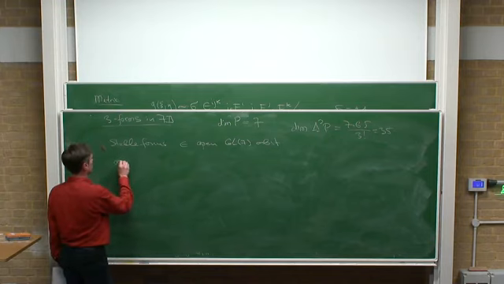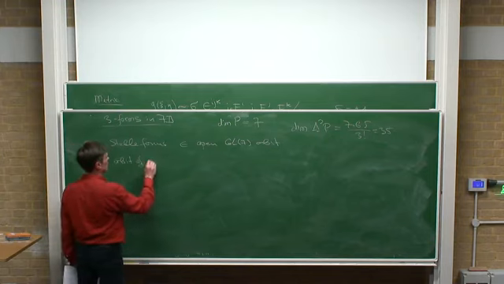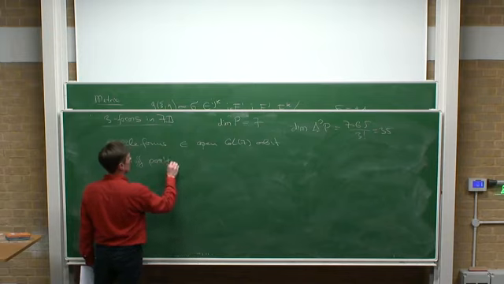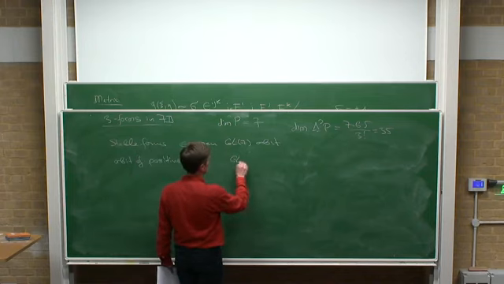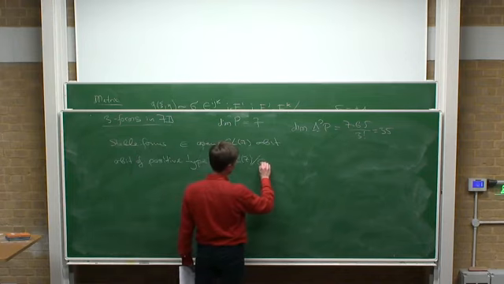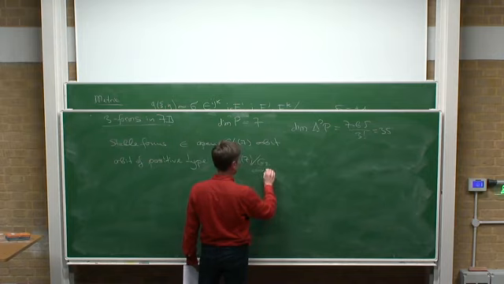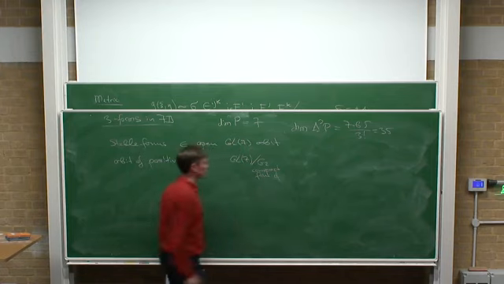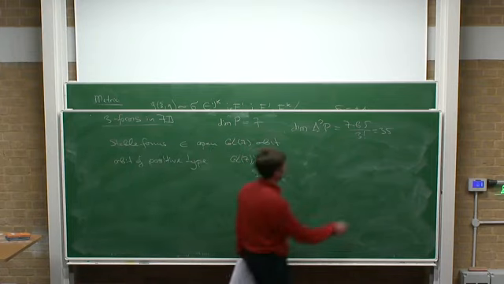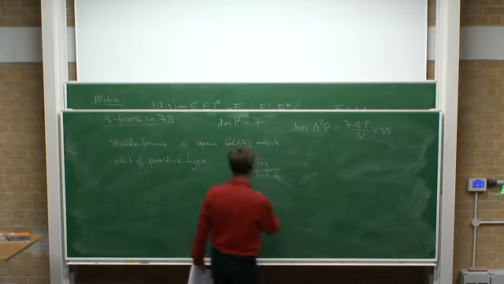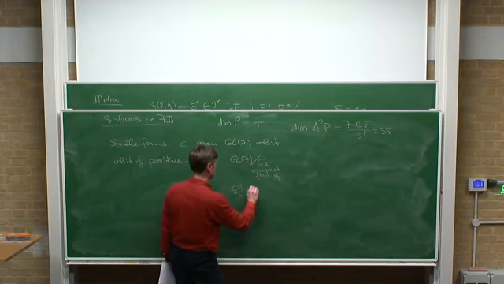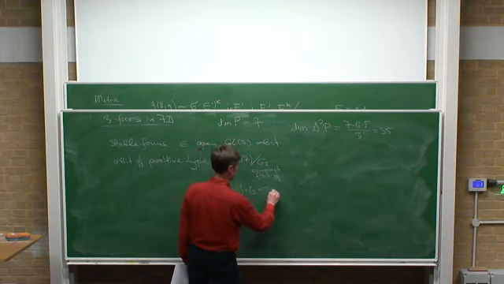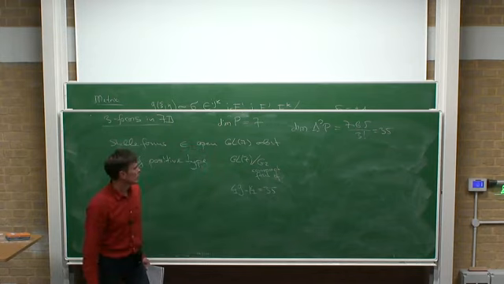Orbit of positive type is GL7 over G2 compact form. Dimensions work out correctly because this is 49 minus 14, so it's the same dimension of Λ³P.